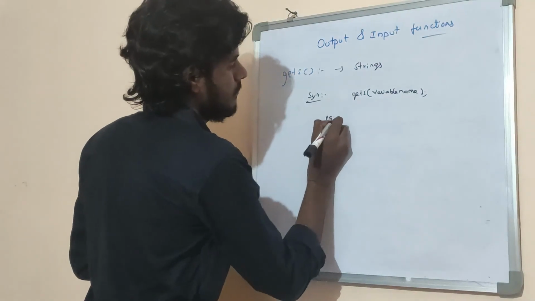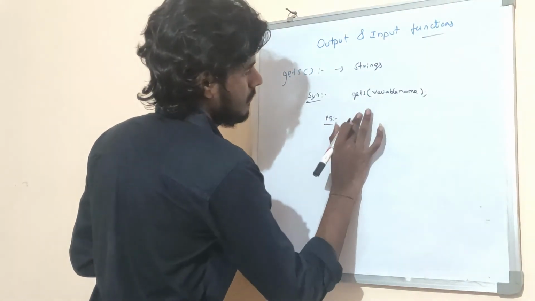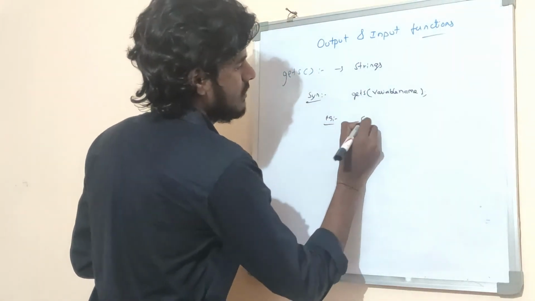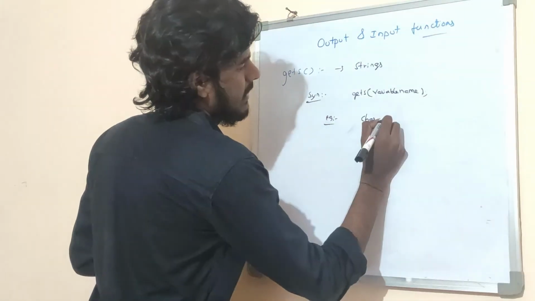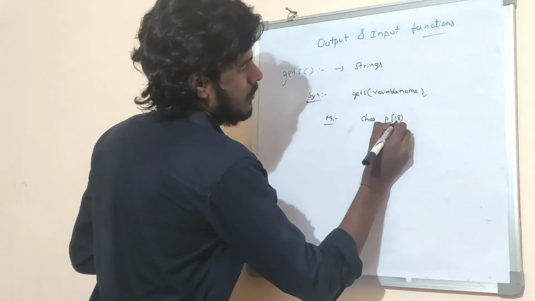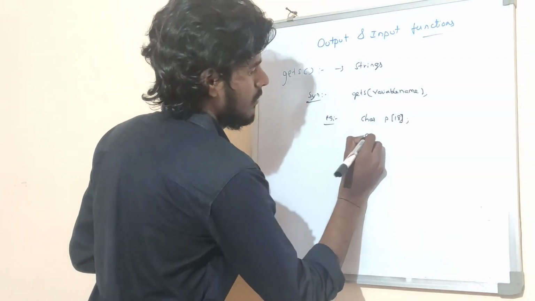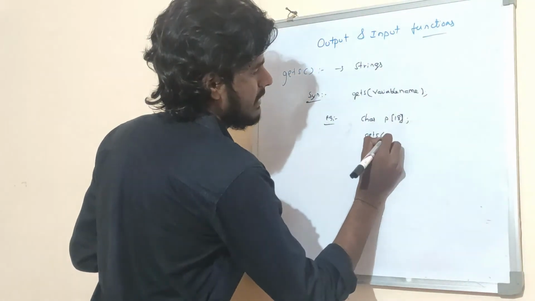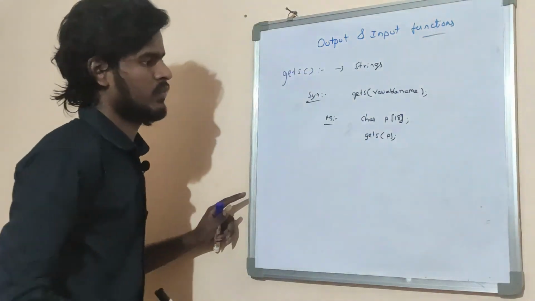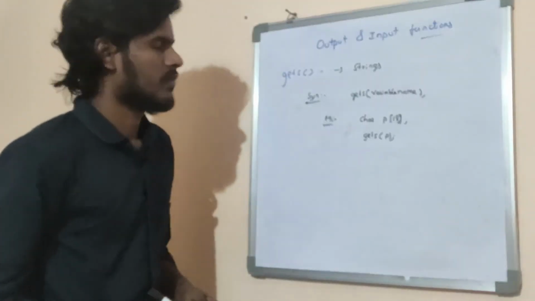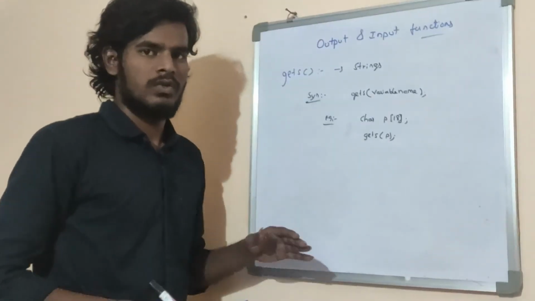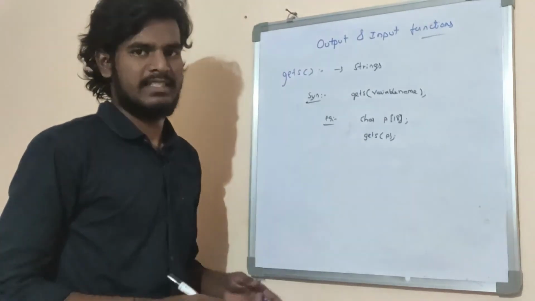Example, strings, so char, we should mention some size, gets p. Okay friends, the gets function is used to read only strings.